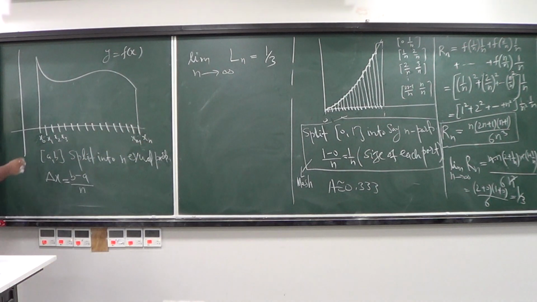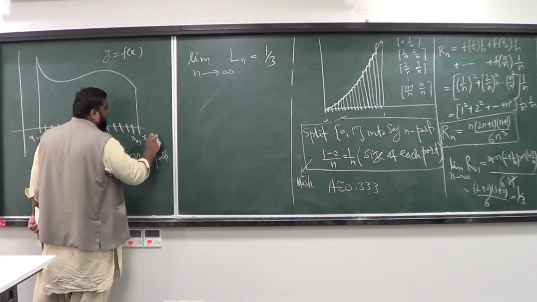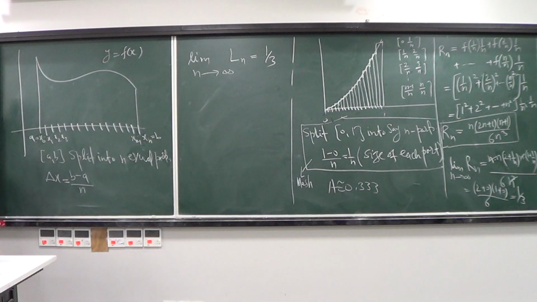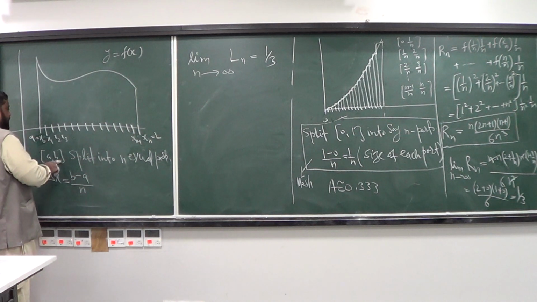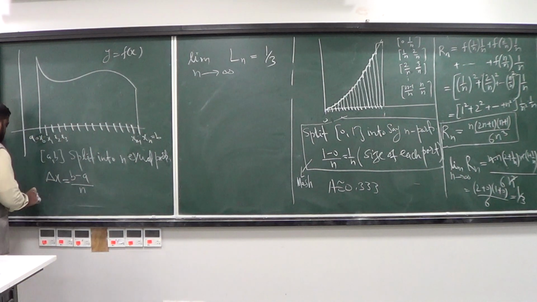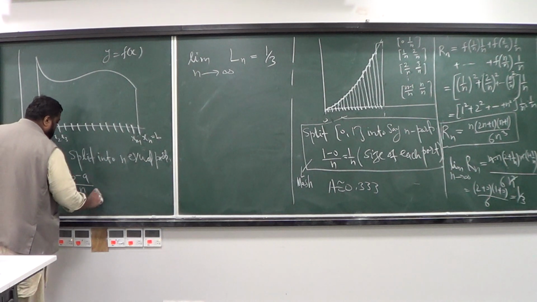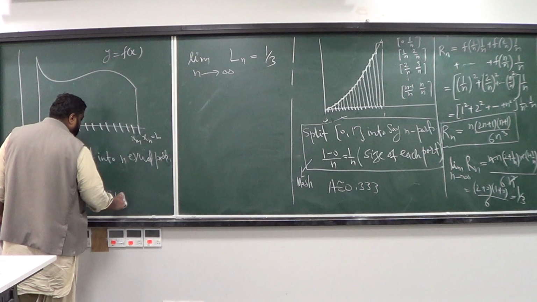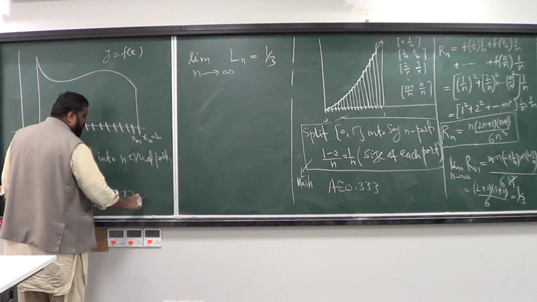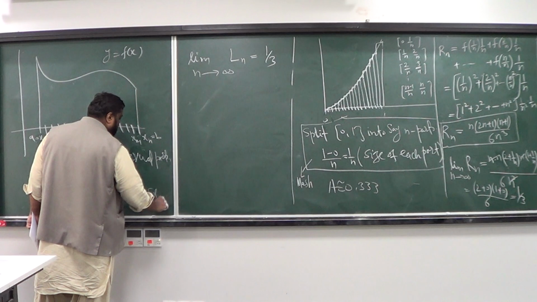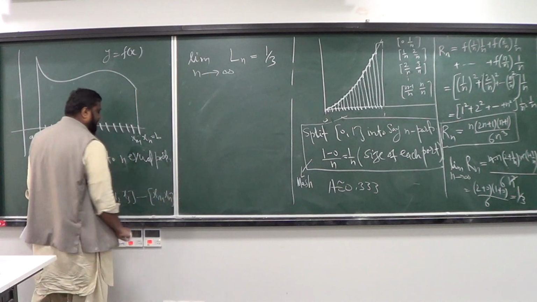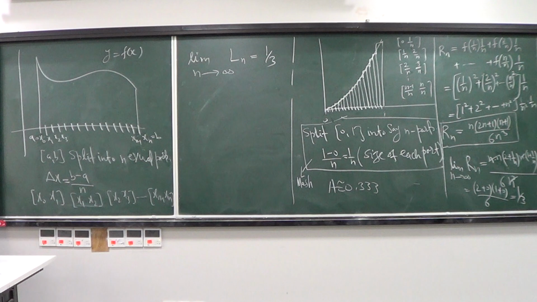I know about the first part that this is A, and I know about the last that this is B. Now, if you split this A to B into n subintervals, which are those intervals? These intervals are x0 to x1, x1 to x2, x2 to x3, and so on and so forth. The final is going to be xn minus 1 to xn. So I split it into these subintervals.